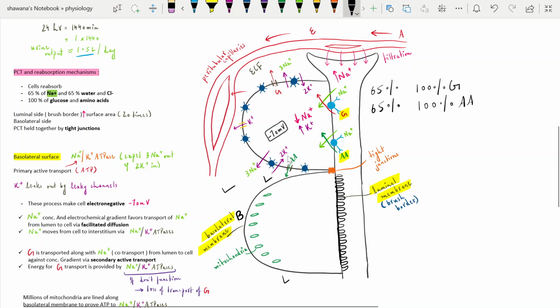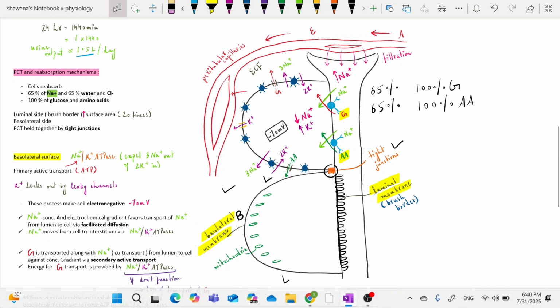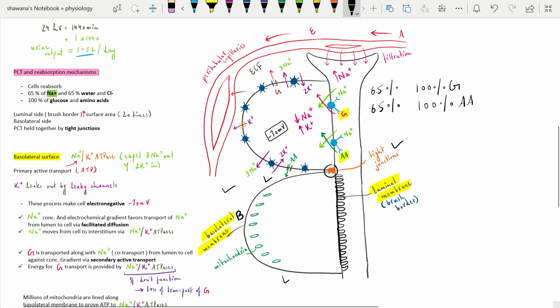And the second term I want you to know is that tight junctions are present in between the cells. The proximal convoluted tubule cells are held together by these tight junctions. The function of these tight junctions is not only the junctioning between the two cells, but it also allows the proteins that are present on the luminal side and the basolateral side to function in a proper way.